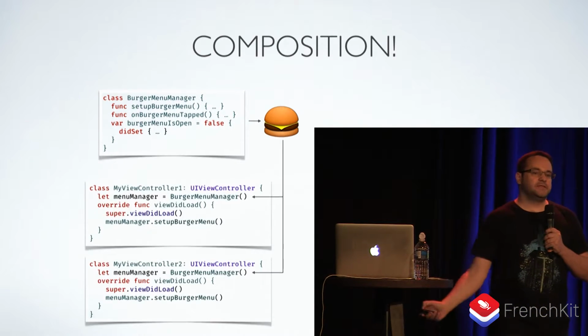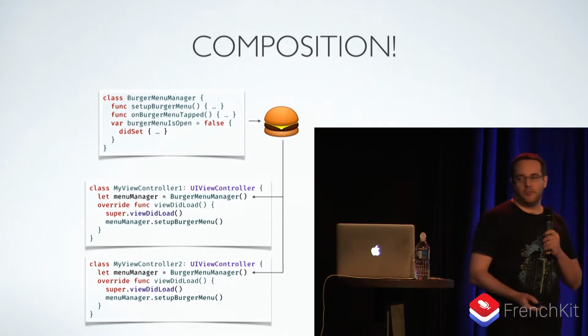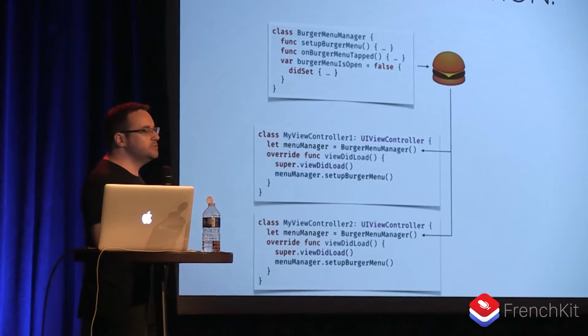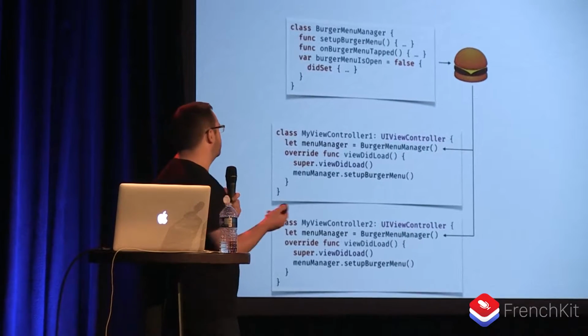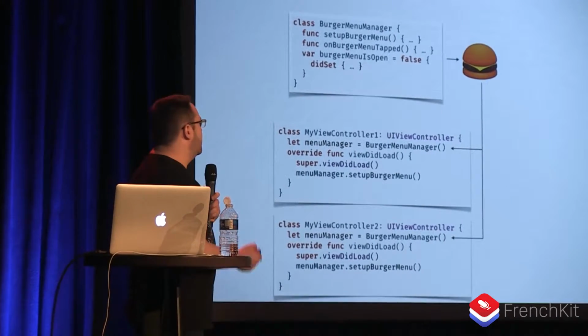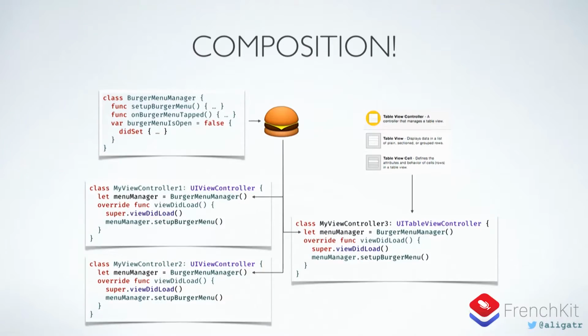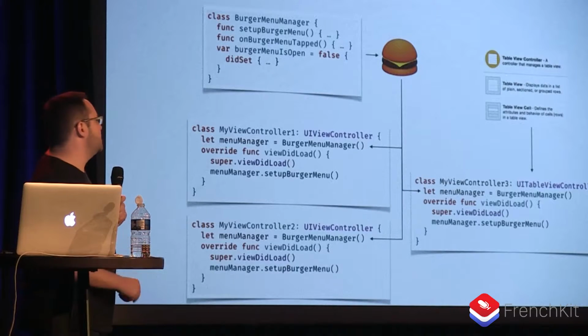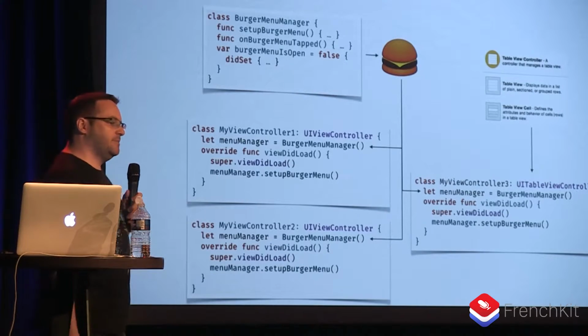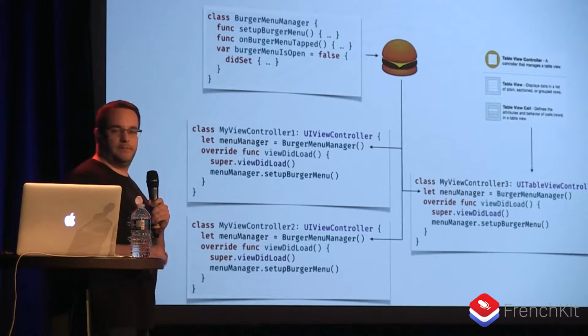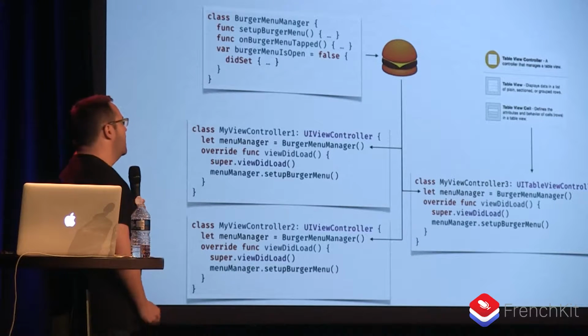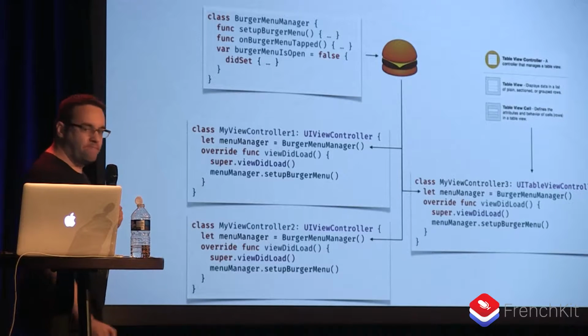So that means that now your view controller 1 and 2 will use that burger menu manager, or whatever you call it, and now you'll be able to use that in your table view controller. So that's the basic idea of using composition instead of inheritance, but today I'm here to talk about the third solution to that problem, which is mixins.